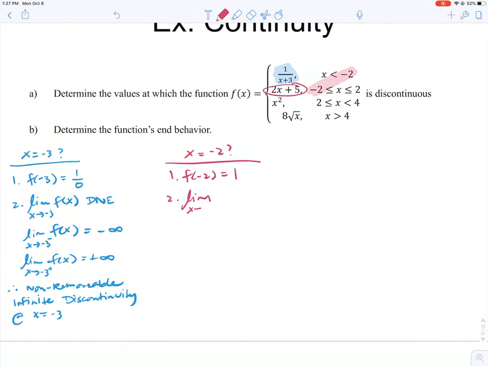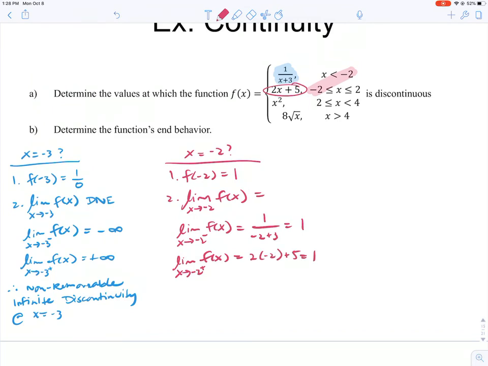Okay, then the limit as x approaches negative 2, we have to take the one-sided limits here. As x approaches negative 2 from the left, I would plug into the first piece. So we get 1. And the limit as x approaches negative 2 from the right, we would plug into the second piece and get 1.